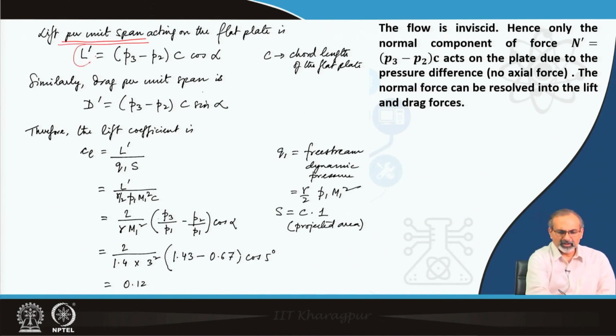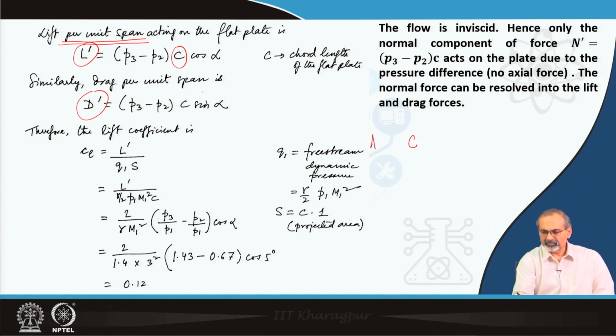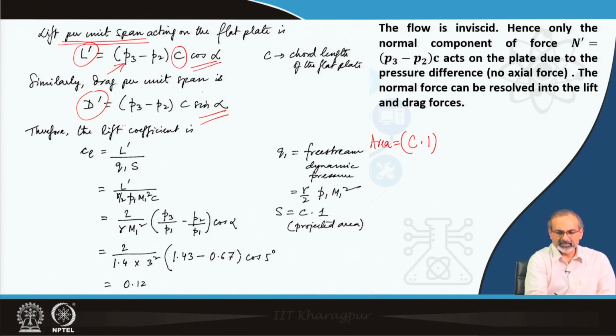So, when we put a dash on the lift or drag, we assume that we are taking unit span, and therefore the area works out to be C into 1. This of course is the effect of the angle. This is the effect of the pressure acting on the flat plate as a difference between the lower and upper sides.